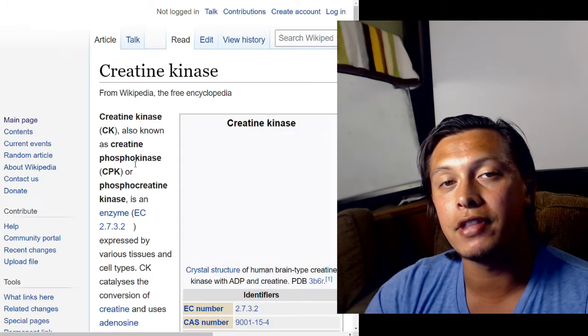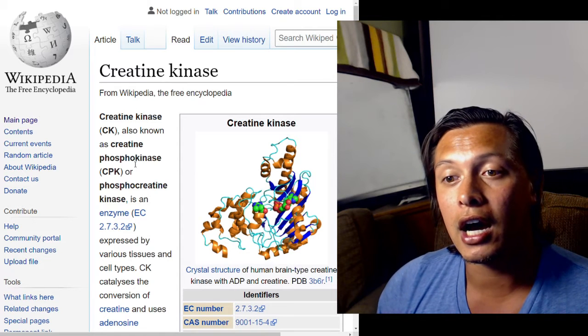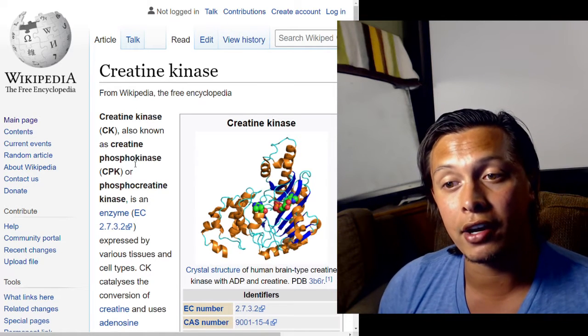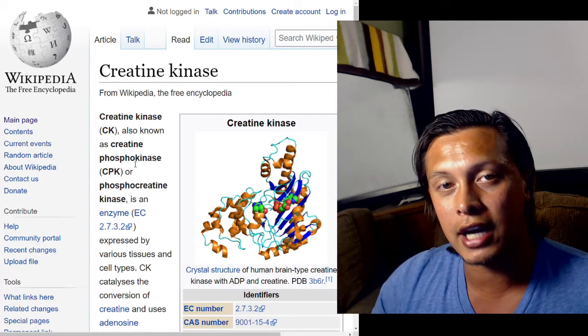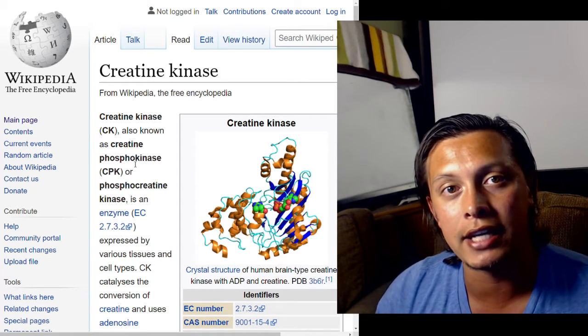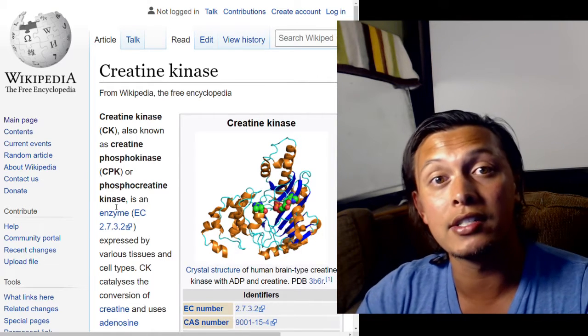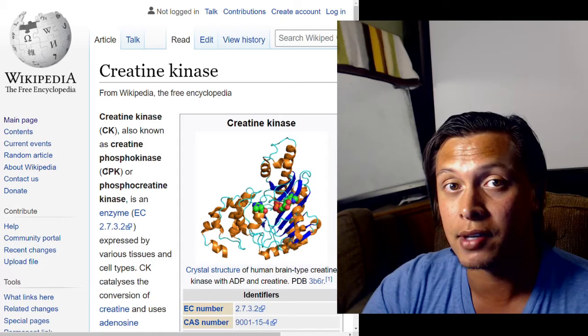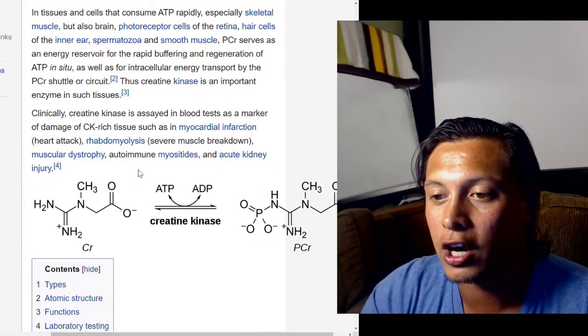If your heart cells or muscle cells are dying, those muscles have a lot of creatine kinase. So if you can sense creatine kinase in the blood, that probably indicates that some muscle tissue is dying, or at least getting inflamed, which is causing the death of some muscle tissue. So this is basically what creatine kinase does.